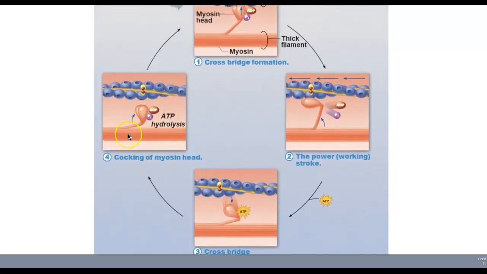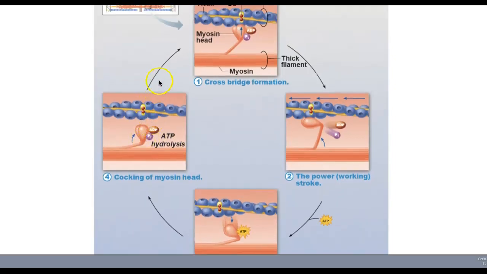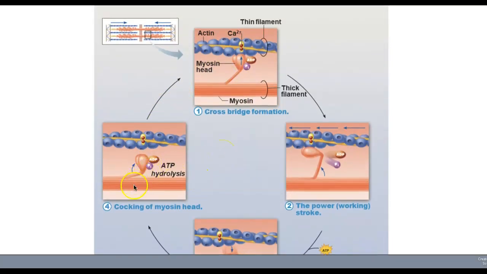Well, we move on to step 4, which they're calling cocking of the myosin head. The new ATP is hydrolyzed. That now re-energizes the myosin head for a next round of cross-bridge cycle activity. So now this myosin head is energized once again.